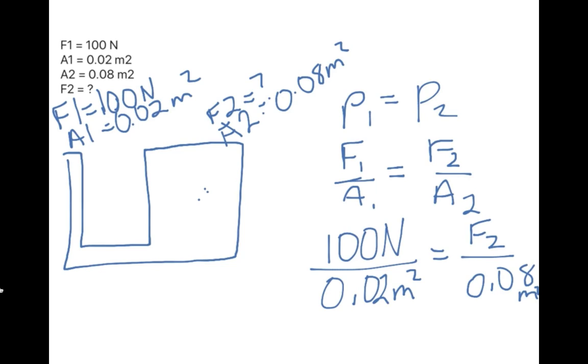So now I ask, we have two fractions that are equaling each other, and I have one unknown. Can I solve this? Absolutely I can. I can do it in two ways. I can cross multiply.